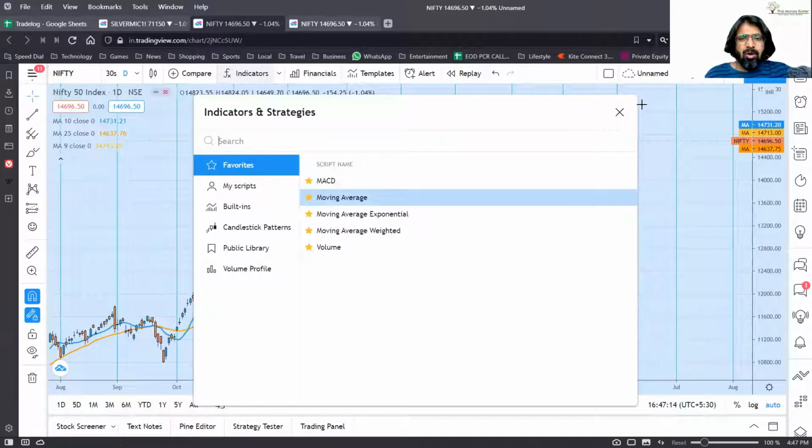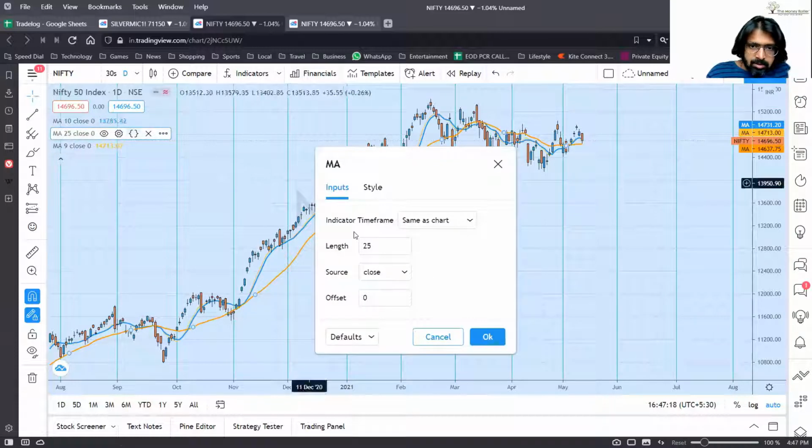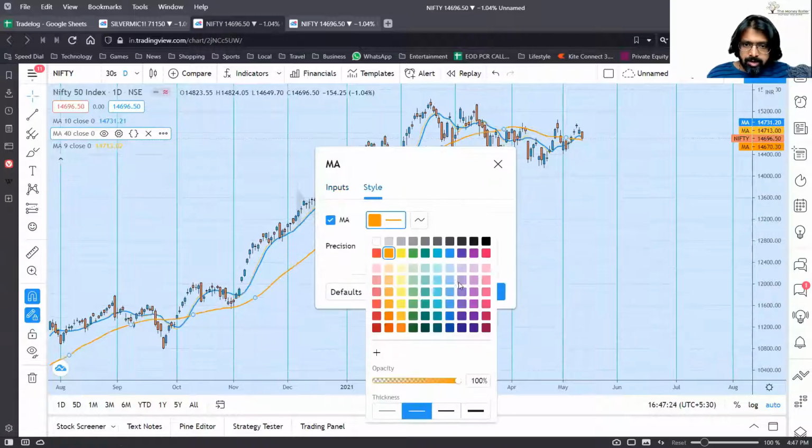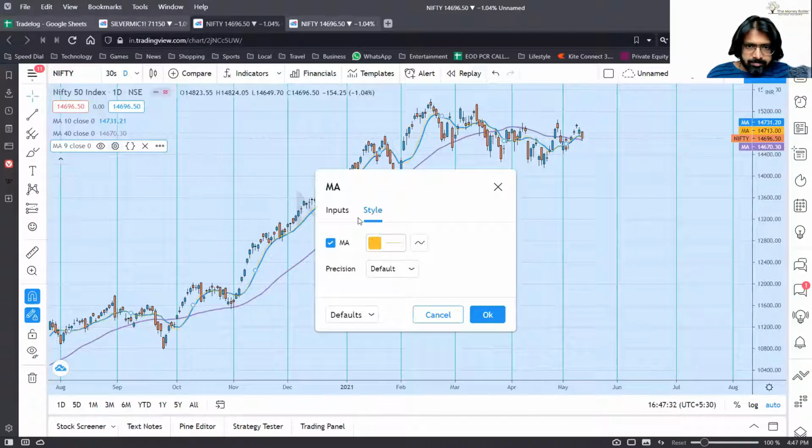So I'll put 4 moving averages. Doesn't matter. You need at least three. So the next one will be 40, and I'll give it a different color. Okay, and the next one will be a 60.